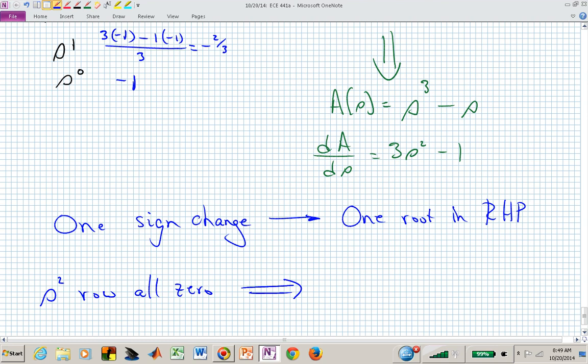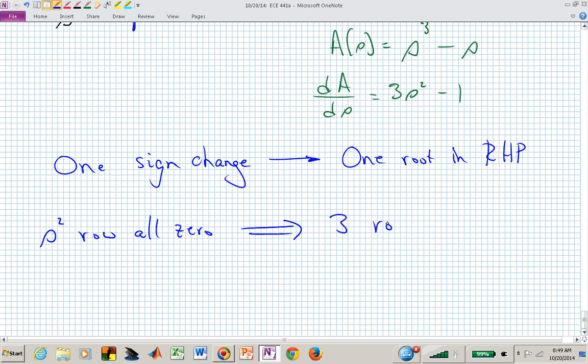And how many roots are in an S cubed polynomial? 3. So the S2 row being all 0 actually implies that we have 3 roots that are symmetric with respect to the origin.